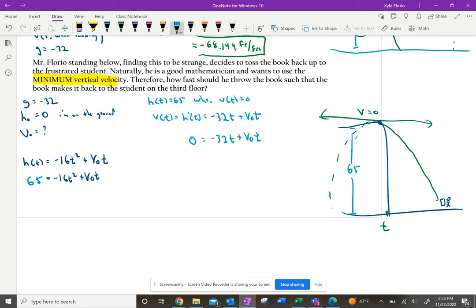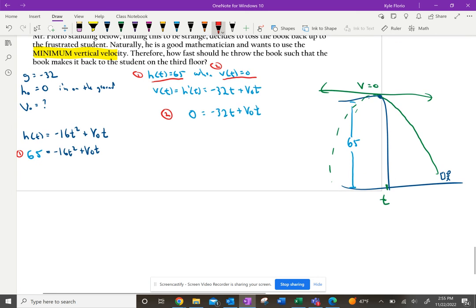So what we just constructed here is a system of equations. We have equation 1 and equation 2, and these are at the same moment. The velocity is 0 when the height is 65. So h equals 65, which is equation 1, and at the same moment, in equation 2, the velocity is 0. So we have a system of equations. I want to solve them.